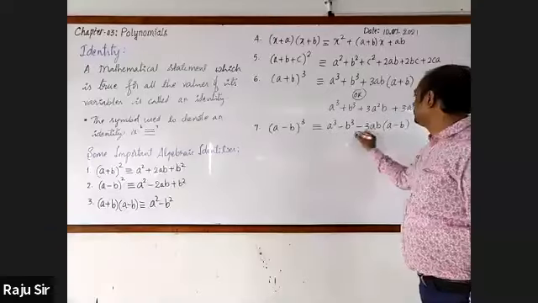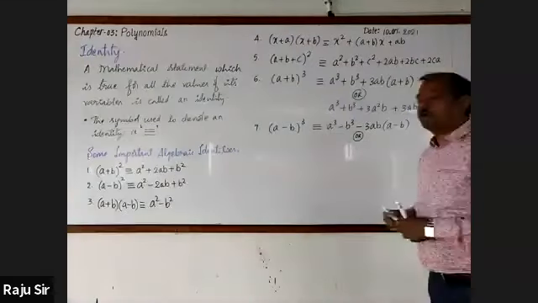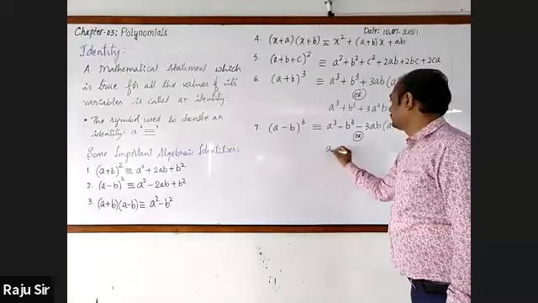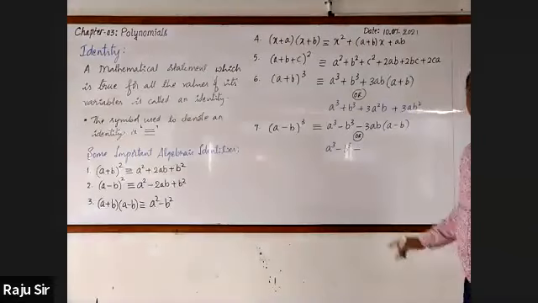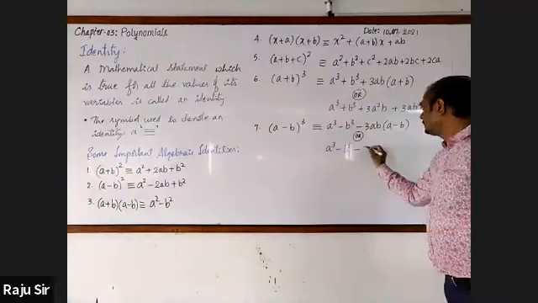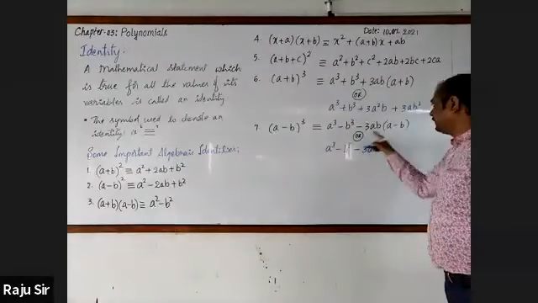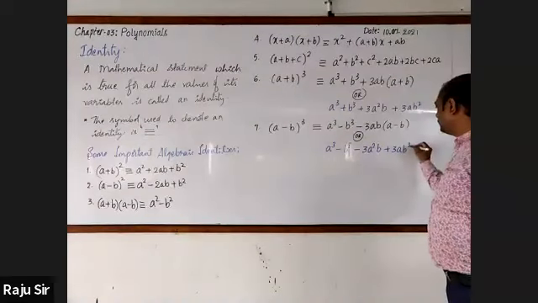And this can also be rewritten as a cube minus b cube minus 3a square b, and now minus into minus is plus, plus 3ab square.